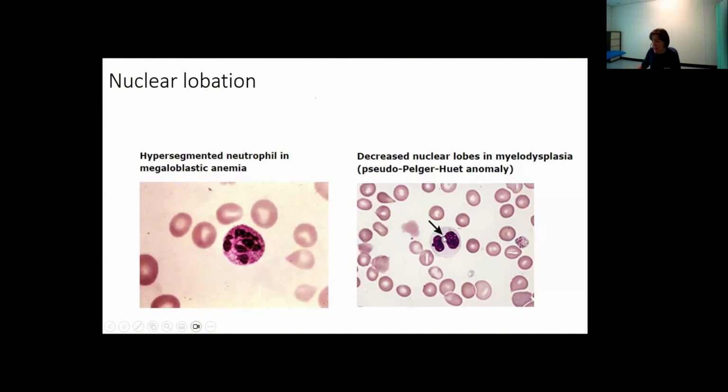The other side of it here is where you actually don't have very many lobes at all. In fact, these are just 2 lobes with a very thin strand of chromatin in between them. And this is what we would describe as the pseudo-Pelger-Huet anomaly, and that is what we would see in myelodysplasia.